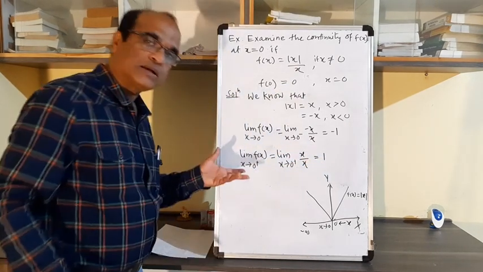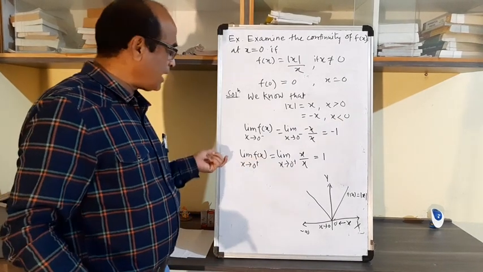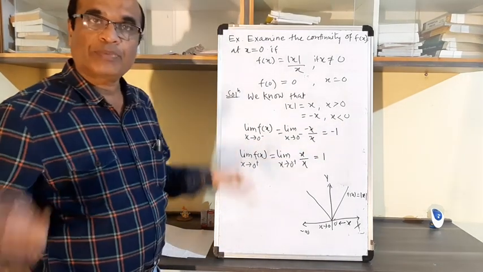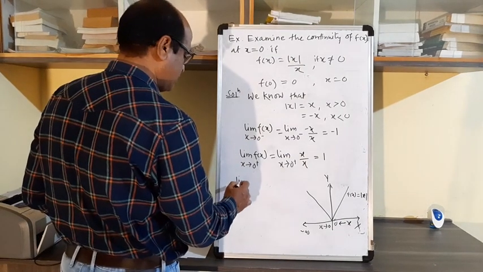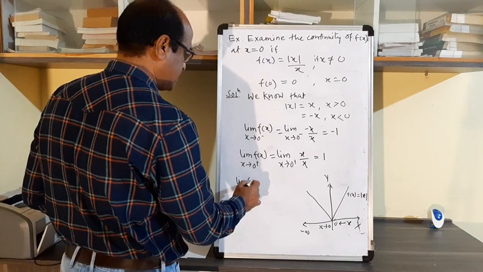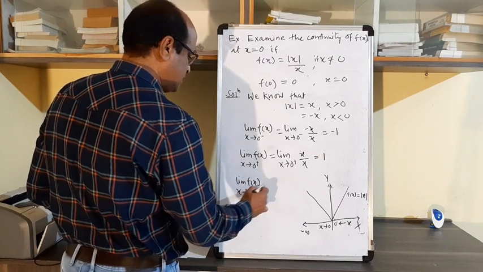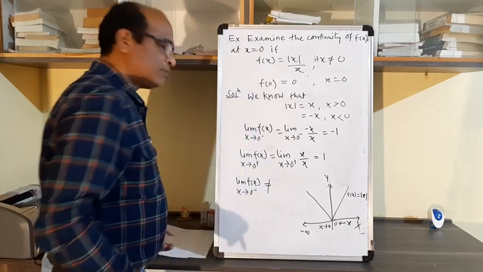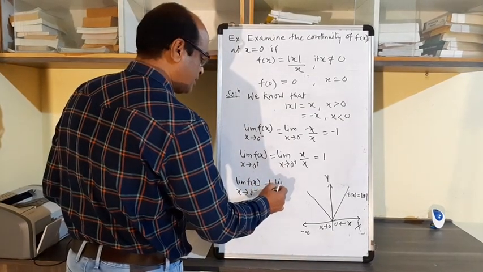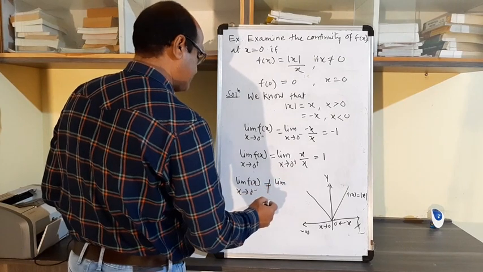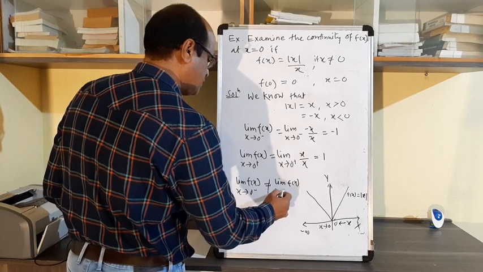So we get the left hand limit is -1 and the right hand limit is +1, which means the left hand limit is not equal to the right hand limit. The limit of f(x) as x tends to 0 minus is not equal to the limit as x tends to 0 plus.